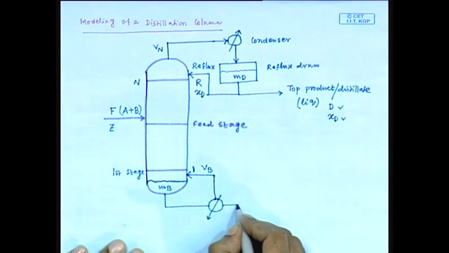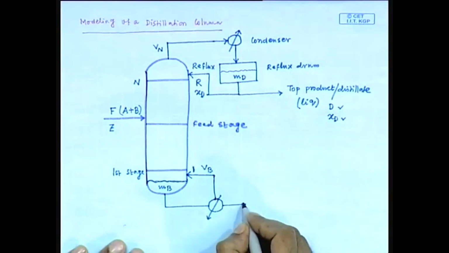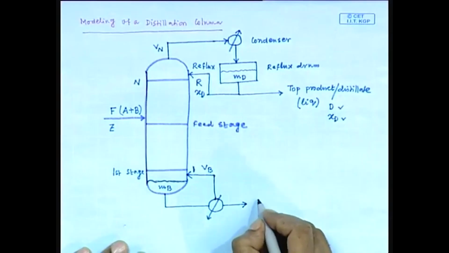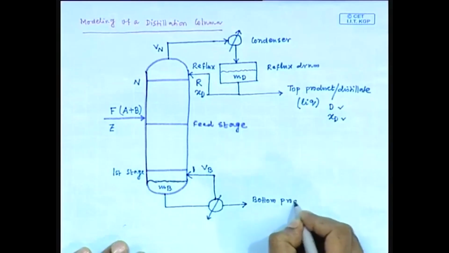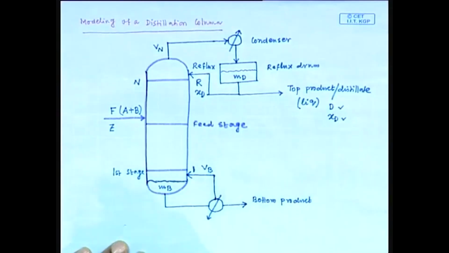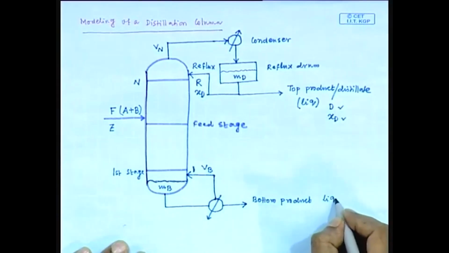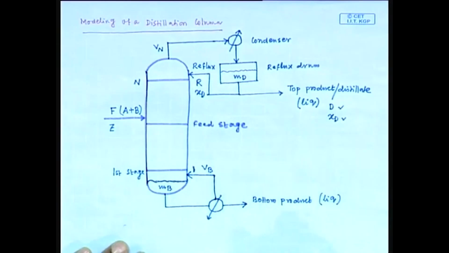and a part of that accumulated liquid in the column base is withdrawn as bottom product. This is also a liquid stream.